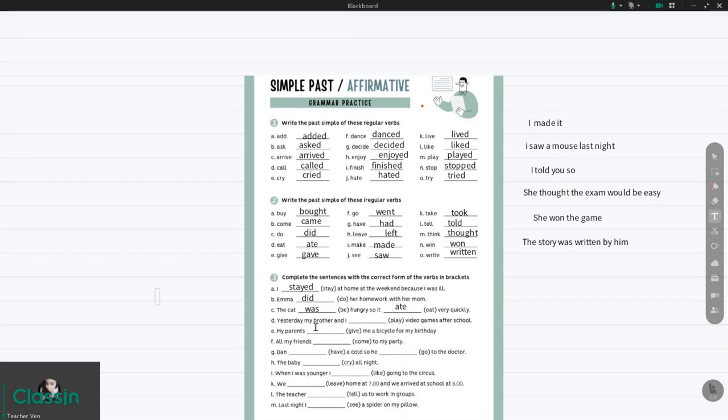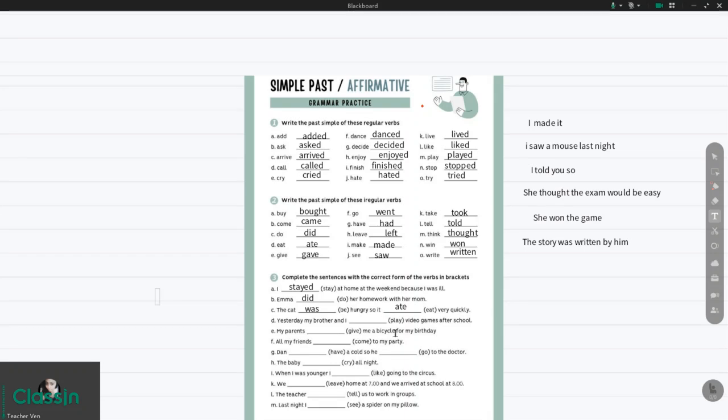So moving on to our next sentence. Yesterday, my brother and I blank play video games after school. So the word yesterday means it did happen in the past, right? Okay, so again, what happens to our verb here?